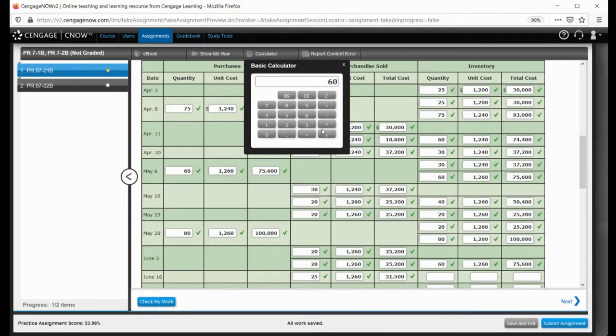So 60 minus 25 leaves you with 35 units at 1260, and that'll give you a total ending inventory cost of 44,100.